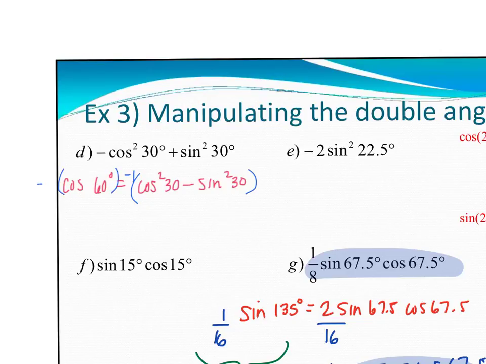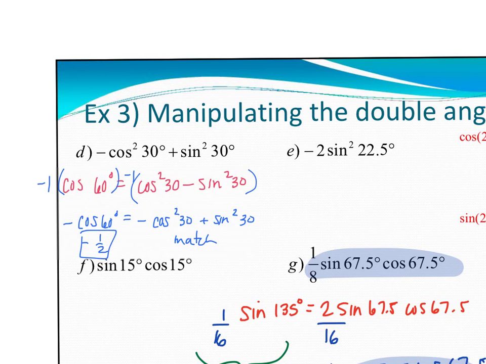Therefore, I also need to multiply the left side by -1. So that means that negative cosine of 60 degrees equals negative cosine squared 30 plus sine squared 30. Now that my right side is a match, I can go ahead and solve my left side, getting negative 1/2 as my answer.